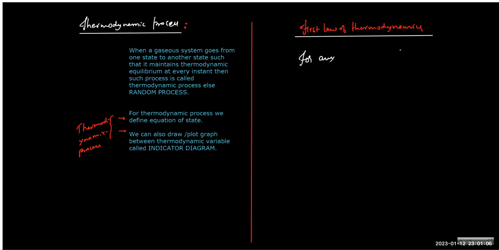So for any closed system in any cyclic process, what is a cyclic process? The system returns to the same state from where it began. Understood?